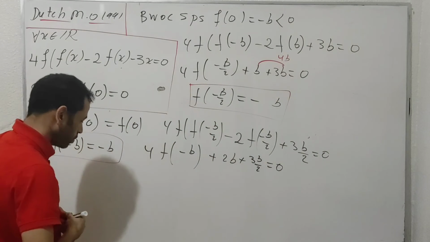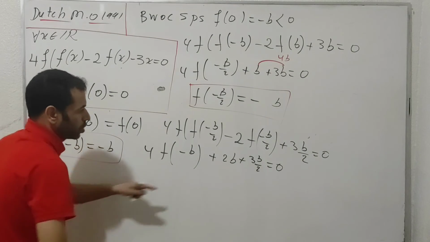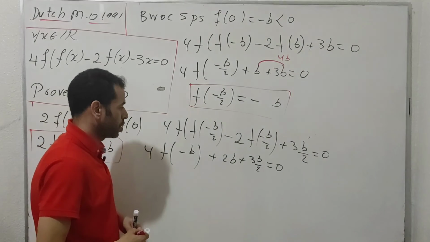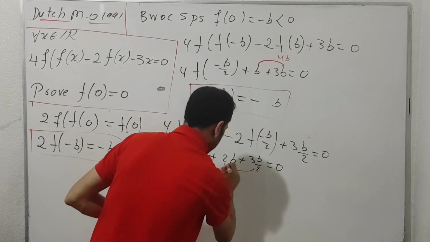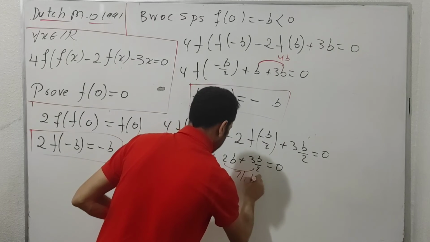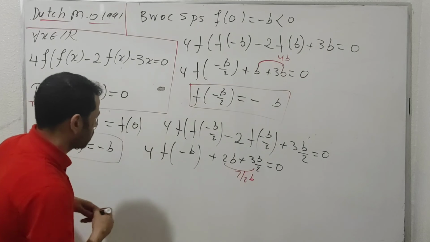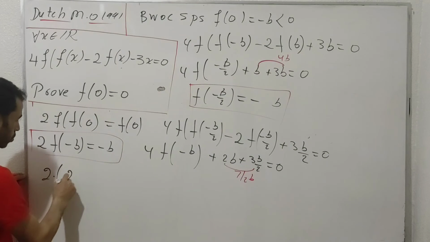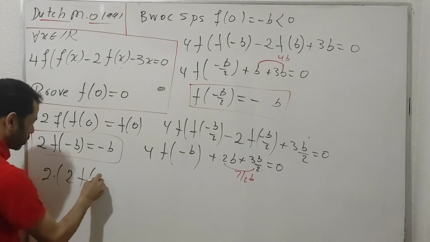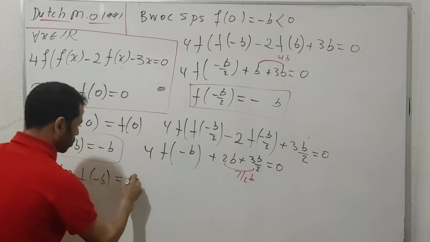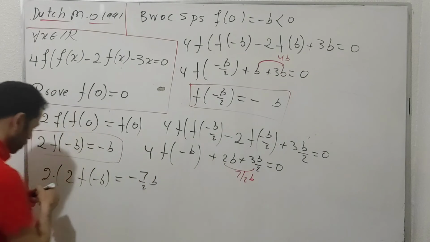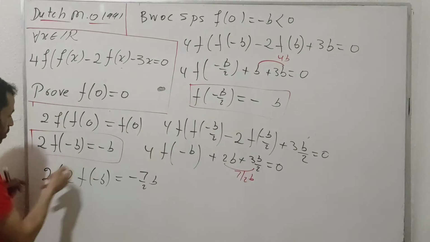Okay, so by calculating this one is giving us 7 over 2b, so which means 2 times multiplied by 2 f of minus b equals minus 7 over 2b. 2f of minus b will be replaced with minus b.